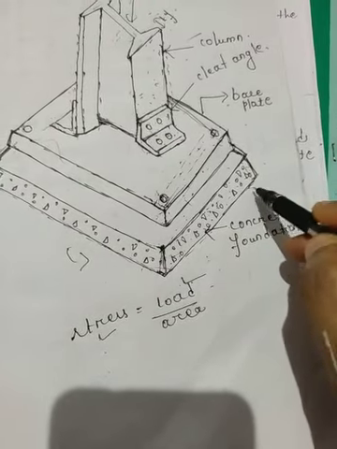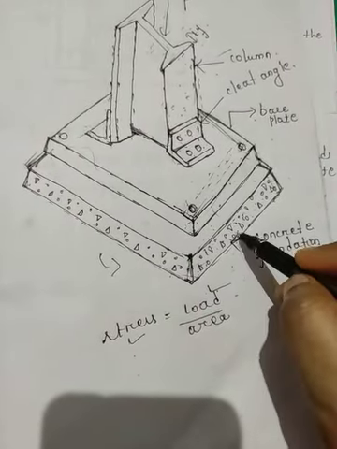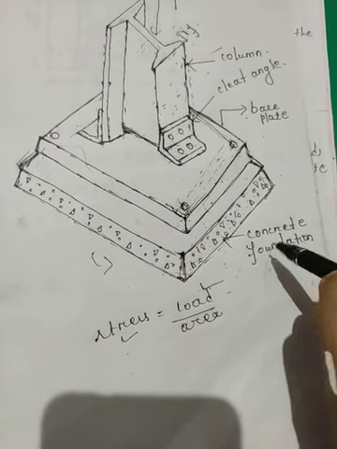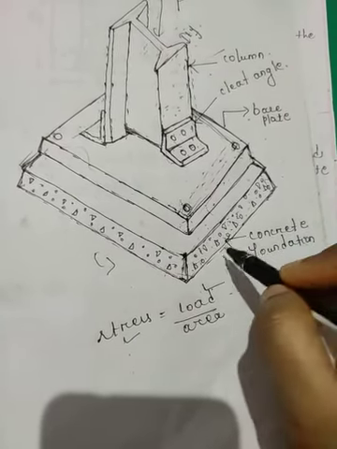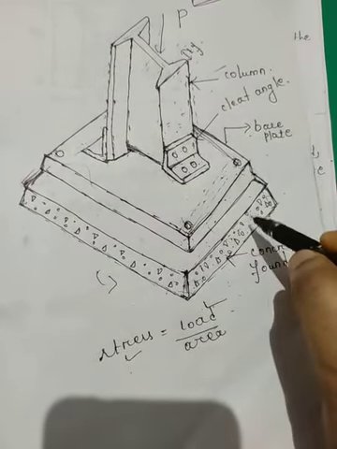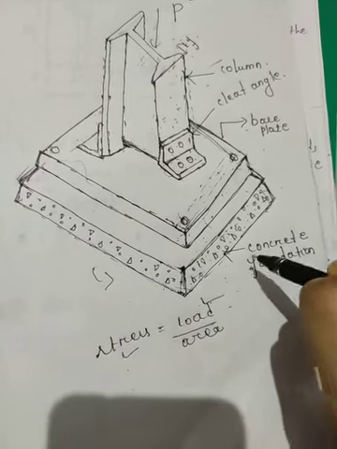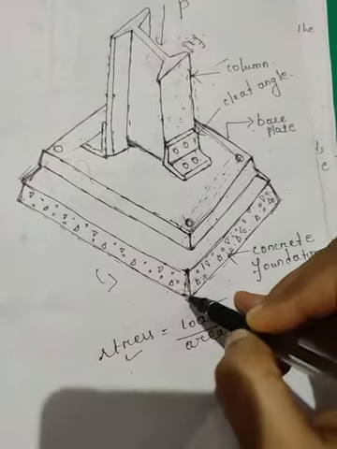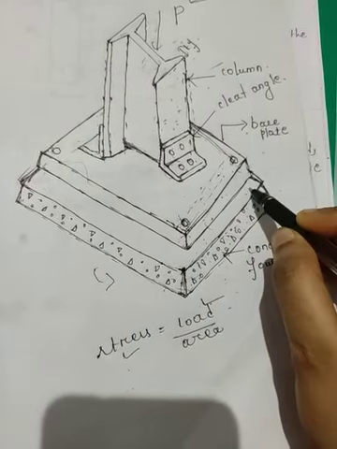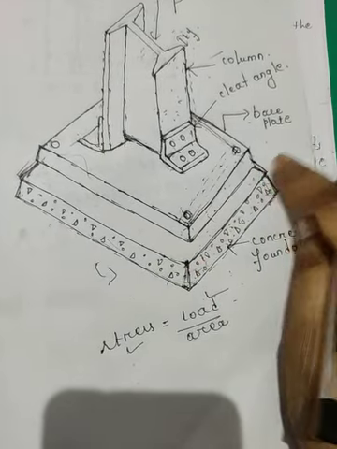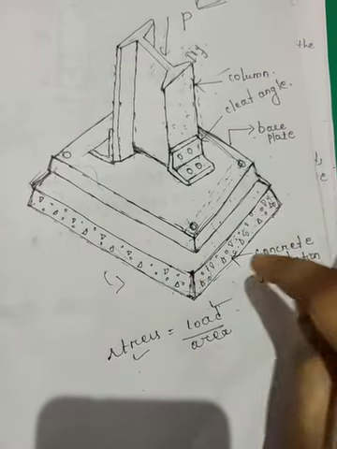So here, if in a question we are asked to design the concrete foundation, then it will depend upon the bearing capacity of the soil lying below it, because the concrete foundation will apply pressure on the soil, and the soil will apply its internal resistance force to this much area of the concrete foundation. So to find out this area of the concrete foundation, we should know the bearing capacity of the soil.